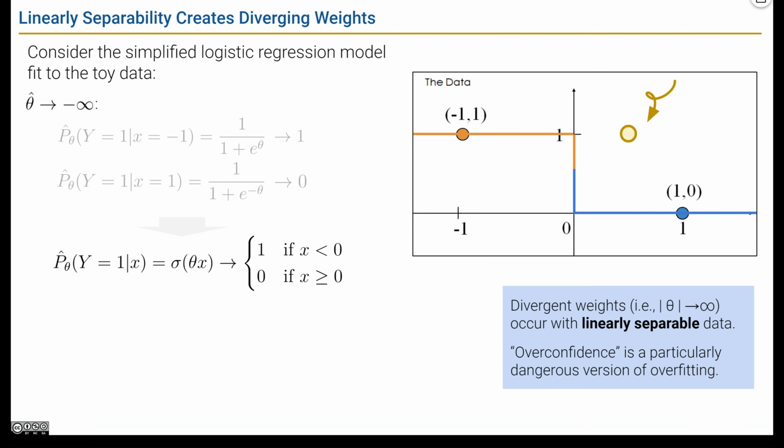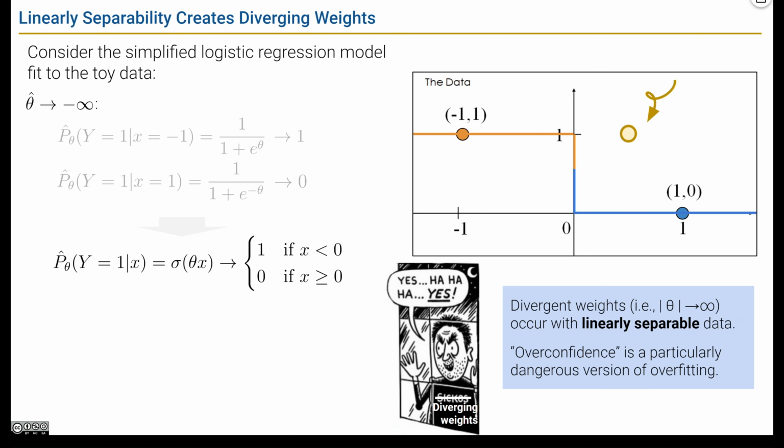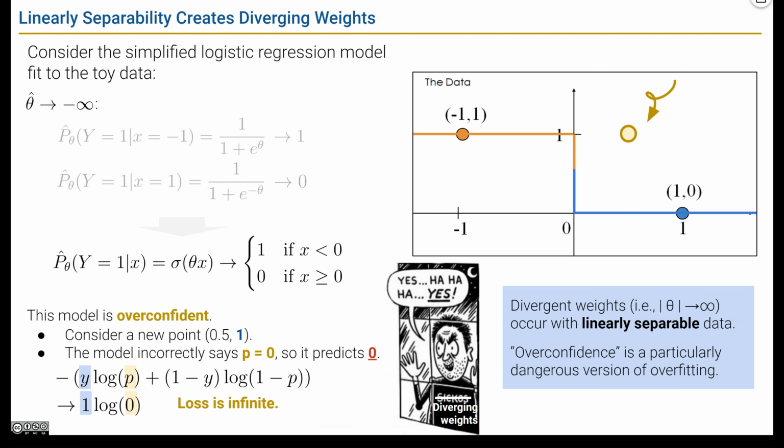Well, it's going to have a problem called overconfidence. Because suppose my new point has an input of 0.51. The model is going to say, no, an input of 0.5 should actually get pushed into the 0 class. So it's going to predict 0. But then look what's going to happen to my loss. Here's my loss function, I will get a log of 0.